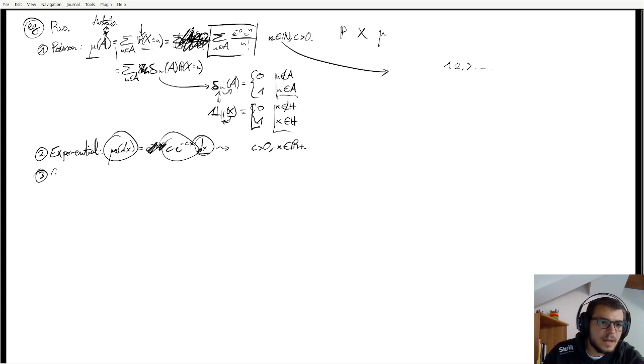Now, the gamma. This is a bit more complicated and depends on the gamma function, which I never remember. The distribution of the gamma function is the following. Well, let's write it anyway. And I never remember this.